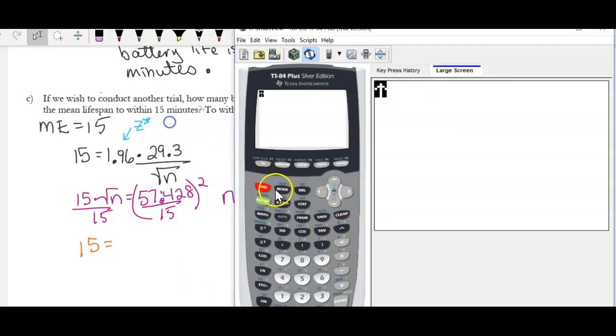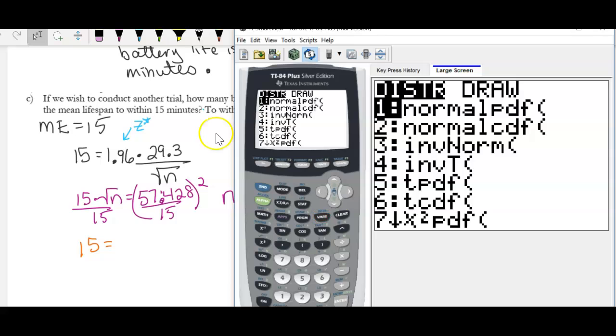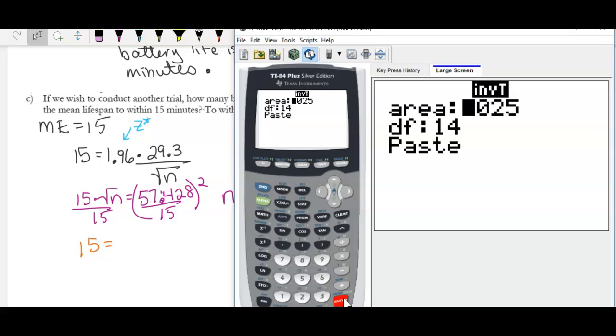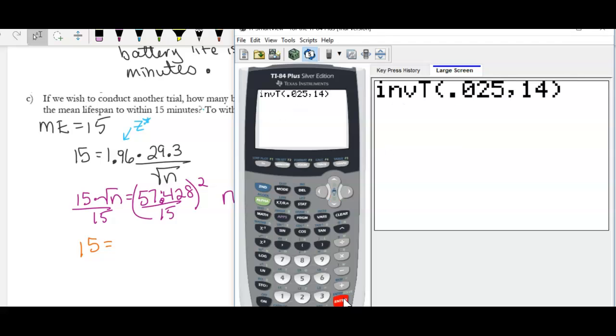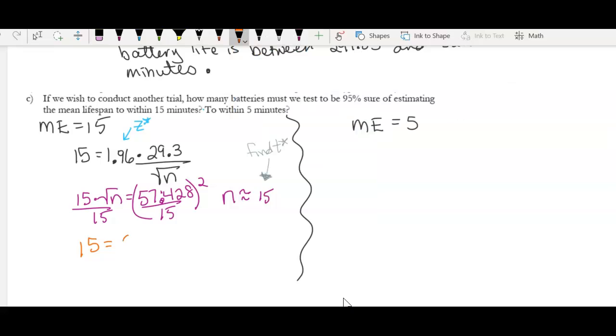So we're going to go second vars, inverse t. To the left is 0.025. And our degrees of freedom is 14, because it's the sample we saw minus 1. And it's going to give us a little bit different of a value. So we're going to do 2.14 times 29.3 over square root of n.